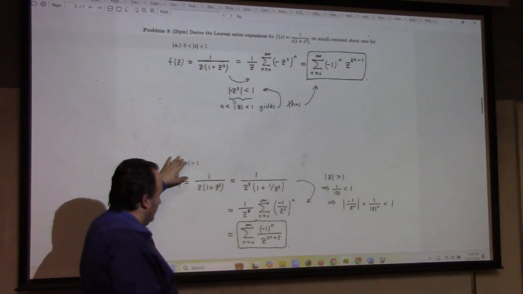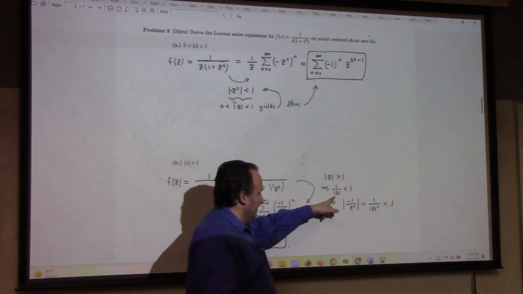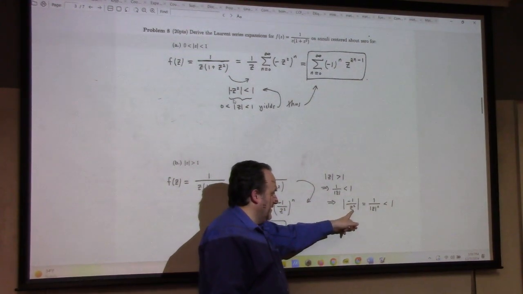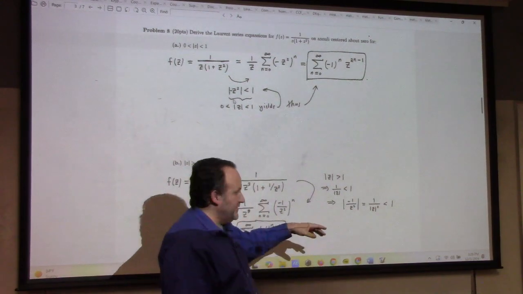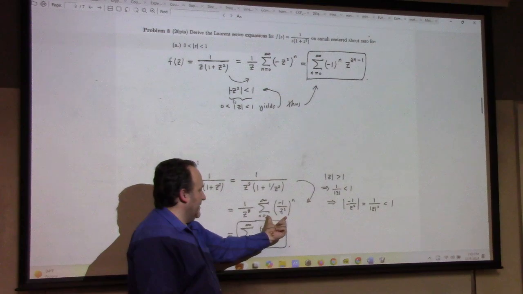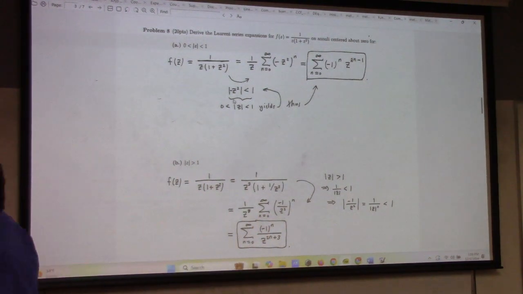Down here, I couldn't do that because it's not true, but what is true is that the modulus of 1 over z is less than 1, which means that the modulus of minus 1 over z squared is also less than 1. So when I identify that as a ratio for the geometric series, I can do that, and there it is. So it's all geometric series and the geometric series convergence theorem.